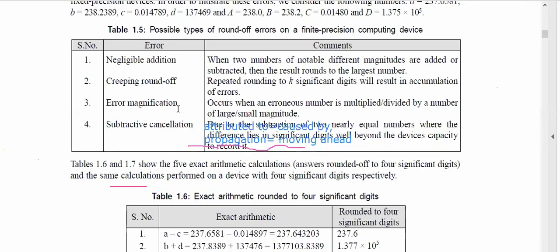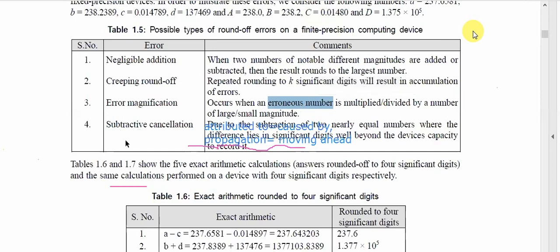This means if we involve in our computing process any erroneous number, something is wrong, then either we multiply or we divide it by a large or small magnitude, then error will be magnified. That is known as error magnification.